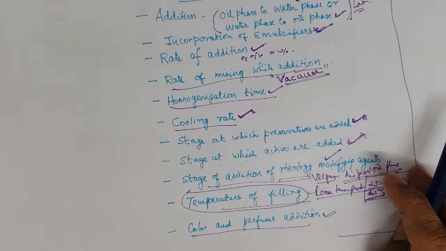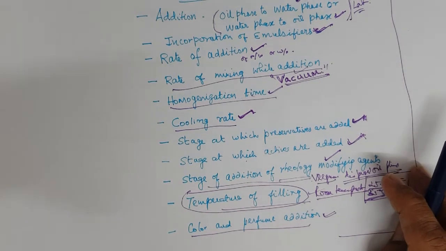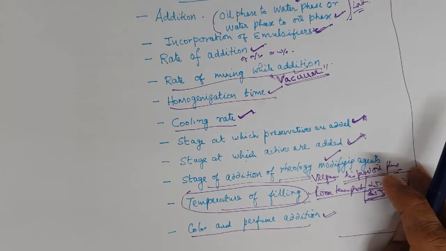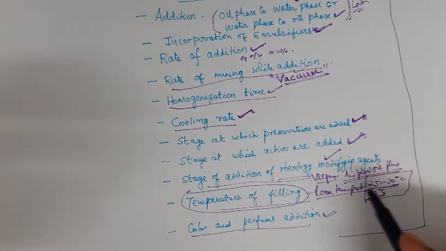Now pre-neutralized carbopol has come, which we can directly add after the emulsification. So what is the rheology modifier you are using, and based on that you have to decide at which stage you should add it.